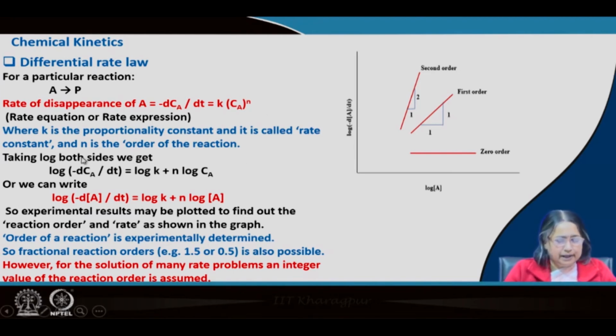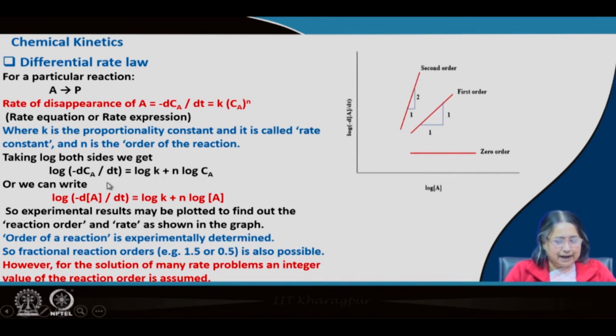Now, here you can see that this is the rate expression, it is called the rate equation or rate expression. Now, if you take the logarithm on both sides, then what you will get? You will get log(dCA/dt) equals log k plus n log CA.